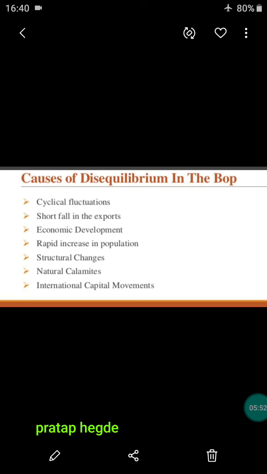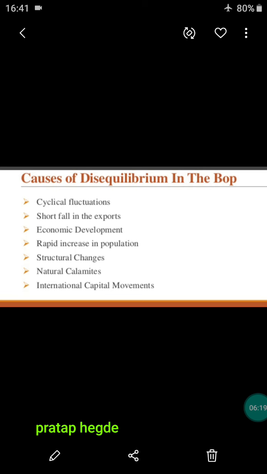The shortfall in the exports may be caused by major reasons, maybe lesser demand for that product in the outer economy, or problems faced by the country domestically, and whatever other reasons there may be. When the exports are lesser than imports, there will be disequilibrium in the balance of payment.